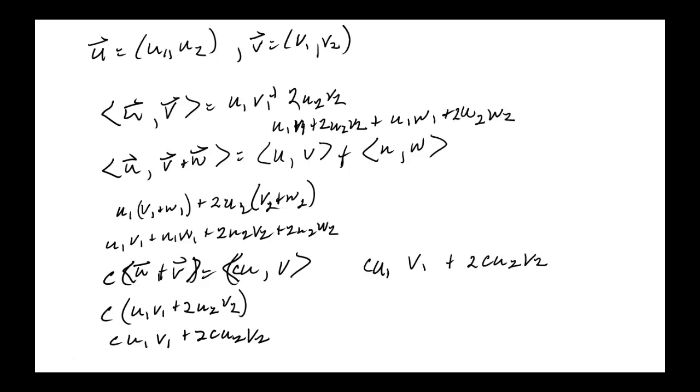It's U, comma U, not dot. This would be U1 squared plus 2 U2 squared.